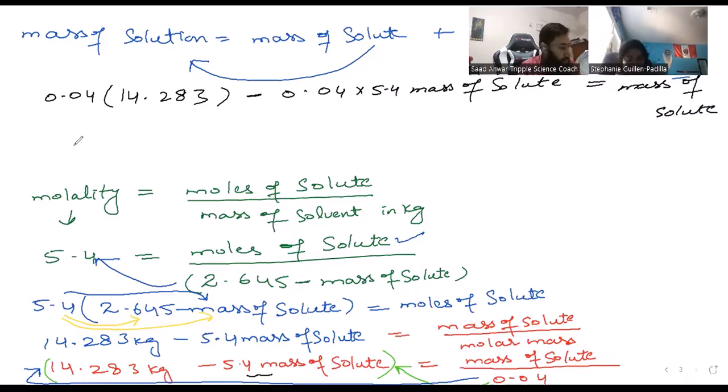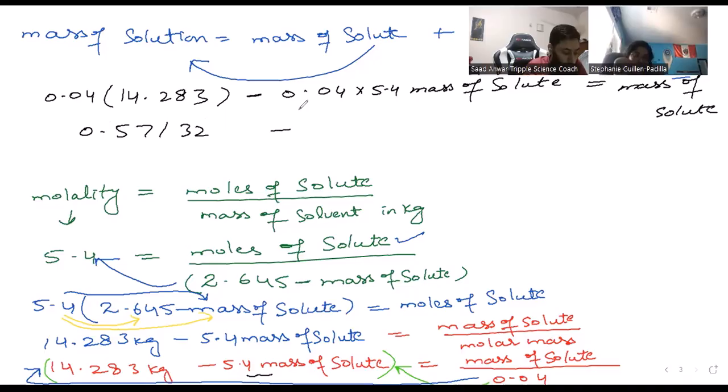So just multiply these two values, 0.04 times 14.283. This would be equal to 0.57132.